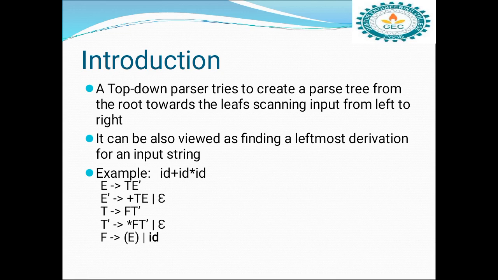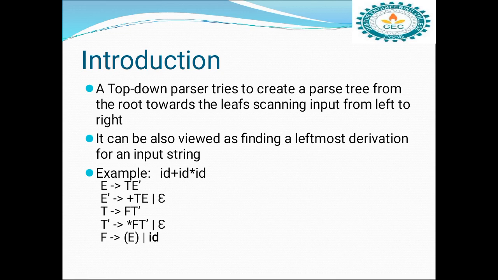Before generating the top-down parse tree, the given grammar must first have left recursion and left factoring eliminated. Left recursion means the left-hand side variable and the first right-hand side variable are the same, and we can eliminate it. Next is left factoring.